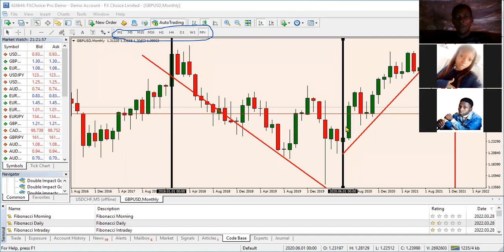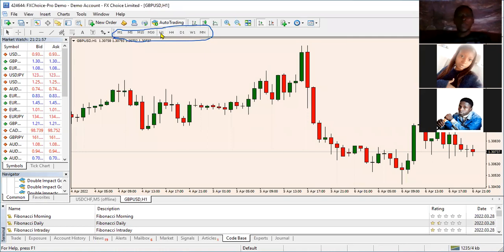As you can see where my cursor is, this particular green candle takes 1 month to form. Every one of these candles you see here takes 1 month to form. So once you are able to check the trend of the market using the higher time frame, which forms after 1 month, you can now go back to a lower time frame, let's say 1 hour.